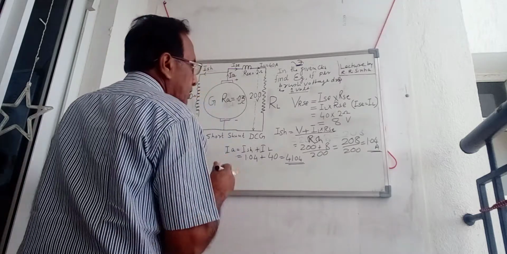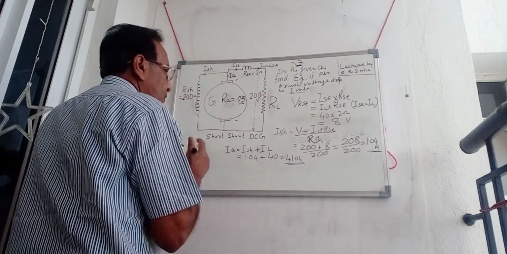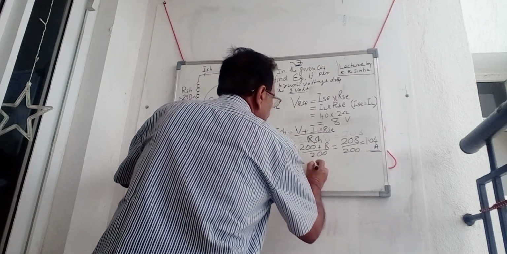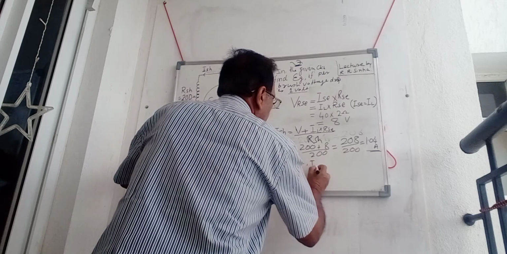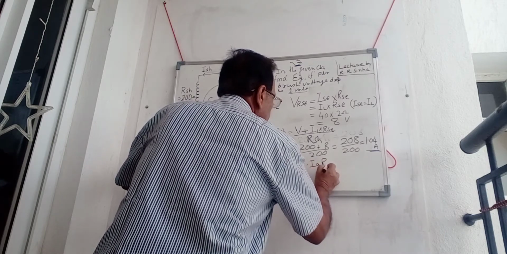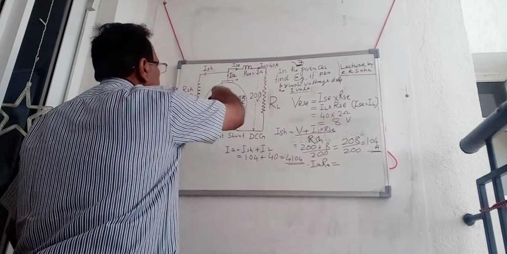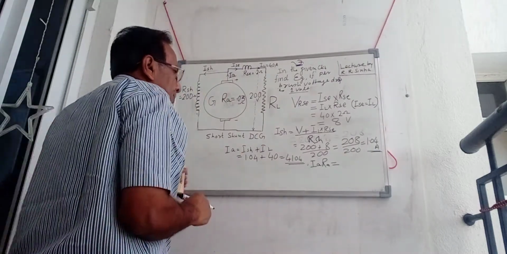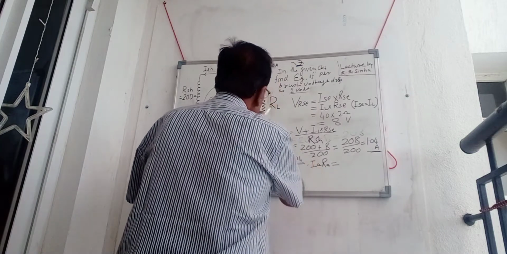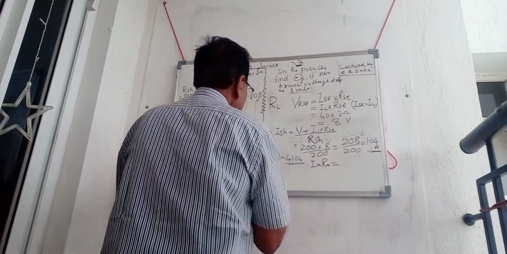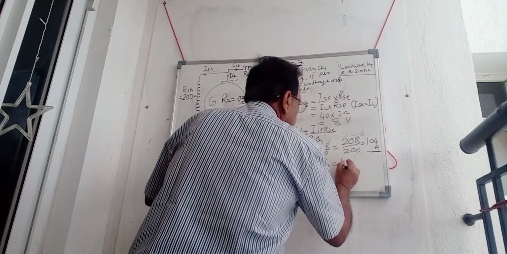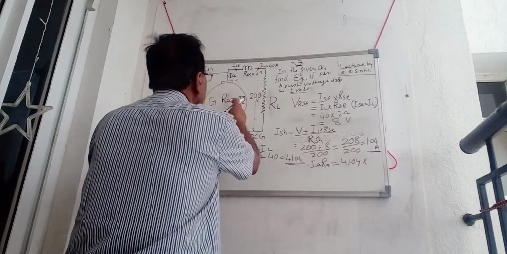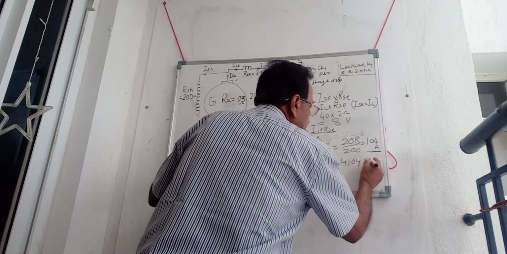Now we have to find IARA, the voltage drop in the armature. IA is 41.04 and RA is equal to 0.03.